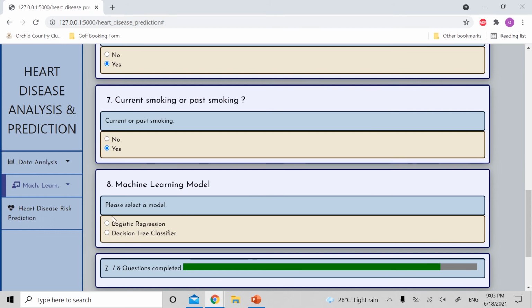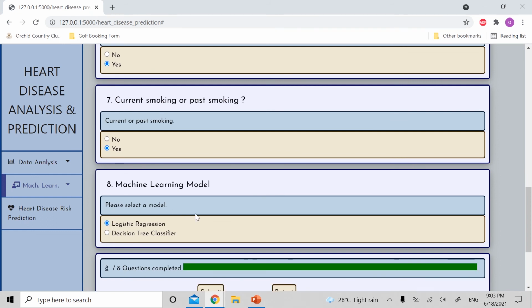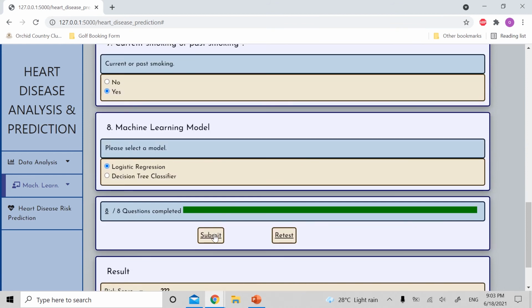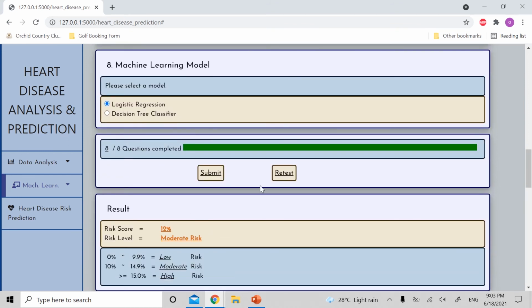First we select logistic regression for the first test. Let's say I click submit. As you can see, there is 12%, which is moderate risk.